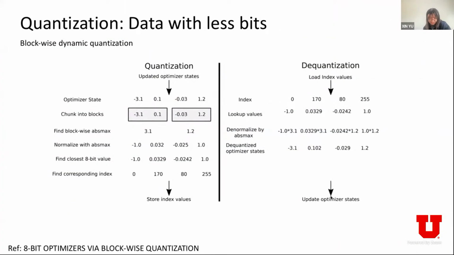Yeah, in the 8-bit optimizer with blockwise quantization. I think this is the paper that proposed the quantile quantization, and for QLoRA itself, actually it does the double quantization with the quantile.